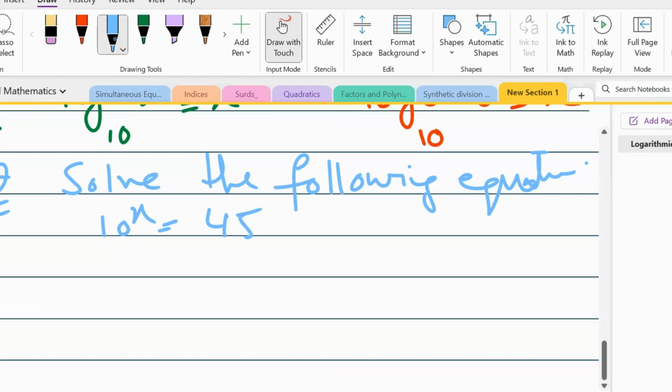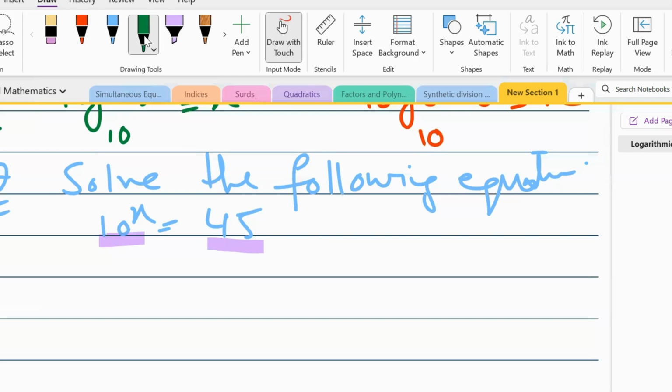Now you see, we cannot make the bases the same in this case. So you cannot express 45 in terms of base 10. When you cannot make the bases the same, we make use of logarithms.